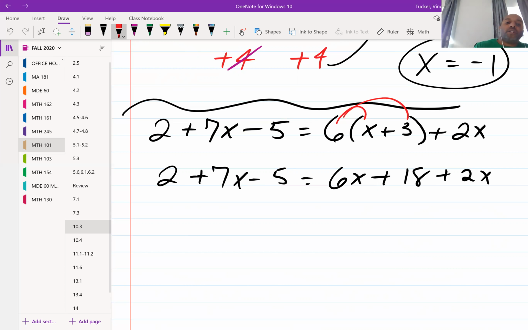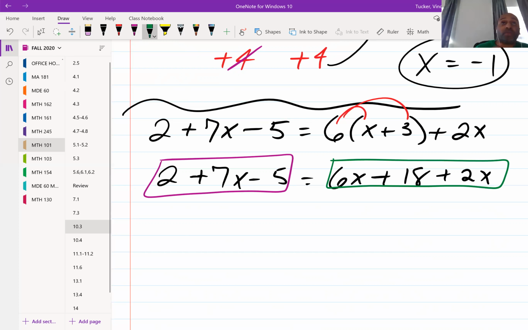All right. So now what we should do, before we move anything across the equal sign, is to combine like terms on each side of the equation. So in other words, I'm looking at my left side, let's simplify that as much as possible. Looking at my right side, let's simplify that as much as possible before I look at moving anything across the equal sign. So on my left side, I got a 2 and a negative 5 that I can bring together.